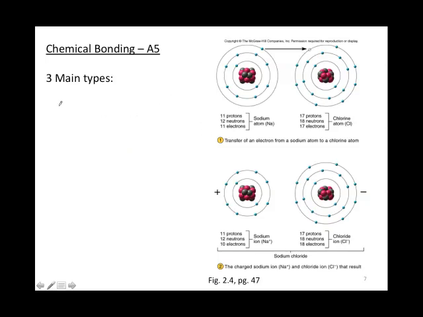All right, let's take a look first at ionic bonds. Ionic bonds are those bonds that form between cations and anions, or in other words, the bonds that form between positively charged atoms and negatively charged atoms. Sodium with a positive 1 charge, chlorine with a negative 1 charge, bond together to form sodium chloride. We know that sodium is going to donate its electron to chlorine to fill up chlorine's valence shell.